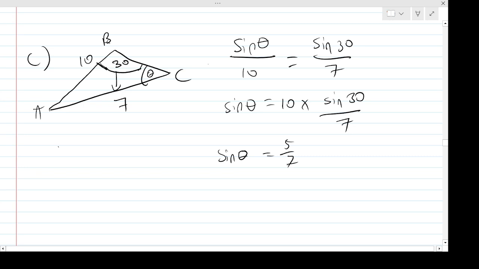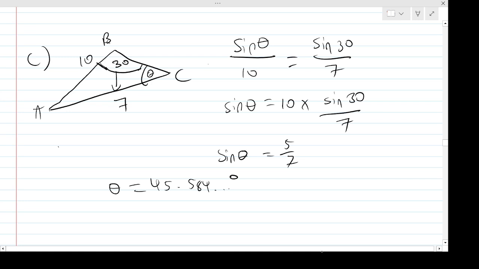So then if I inverse sine it, I get the first value of theta to be this 45.584... degrees. But always with this, I want to consider the other value. So again, the ambiguous case of this sort of sine rule.